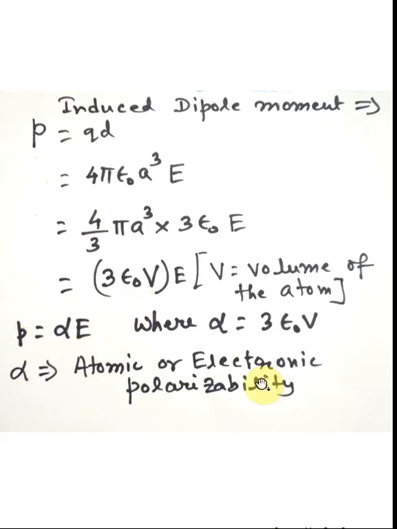We define polarizability as the dipole moment per unit electric field, and this is called the atomic or electronic polarizability. For a non-polar molecule, the atomic or electronic polarizability is proportional to the volume of the atom.